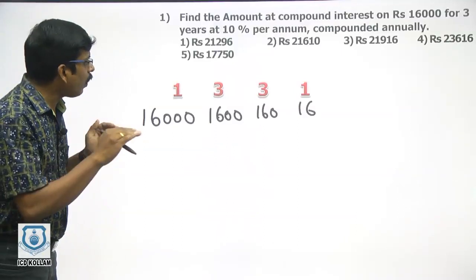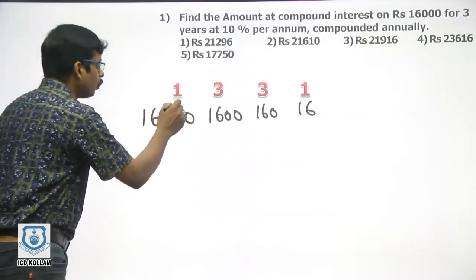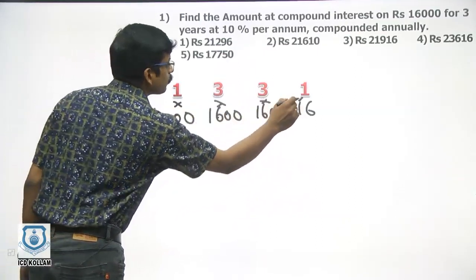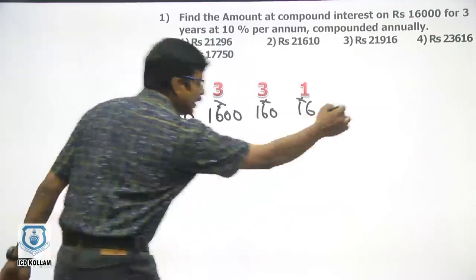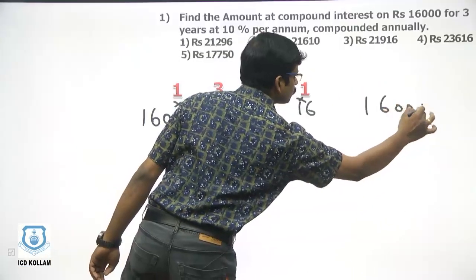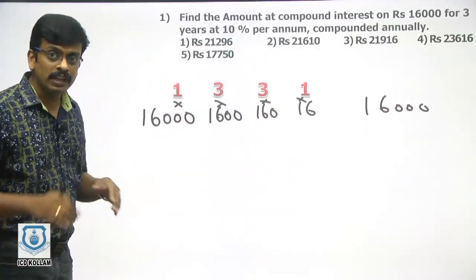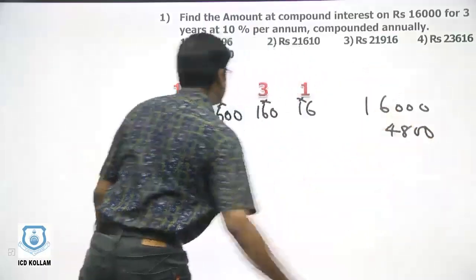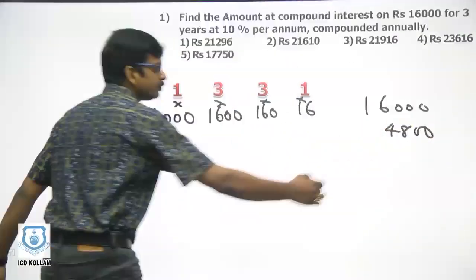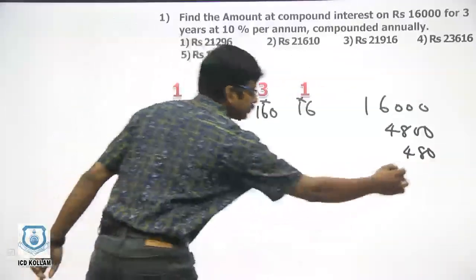We need to add all these numbers after multiplication. So first, 1 into 16,000, we get 16,000. Second, 1600 into 3 is 4800. So I am writing 4800, 480, and last 16.